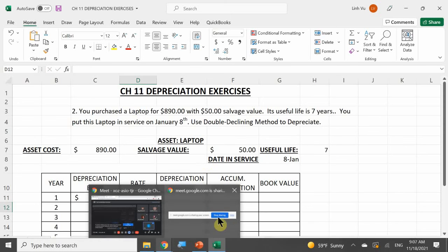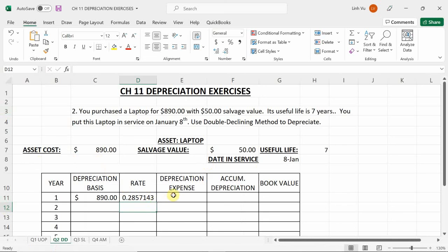Good. Because we're double declining it, we have to figure out the spread of the cost over its lifetime times 2, because I'm going to depreciate it twice as much. So in this case it's going to be 28.5%.